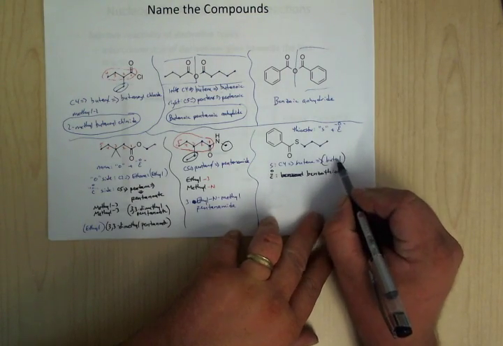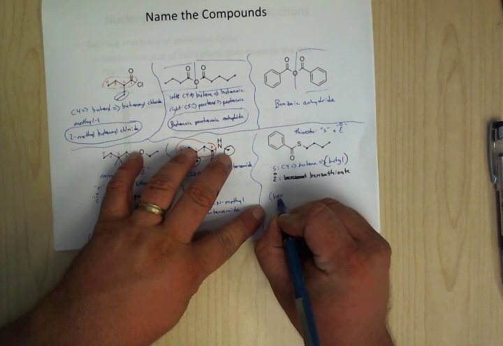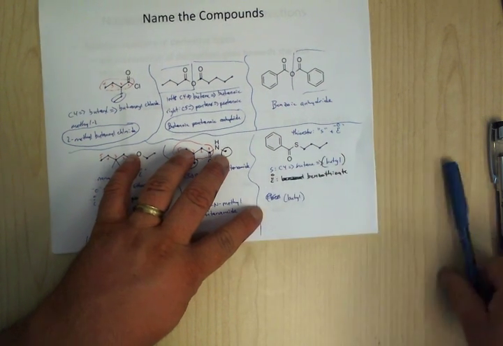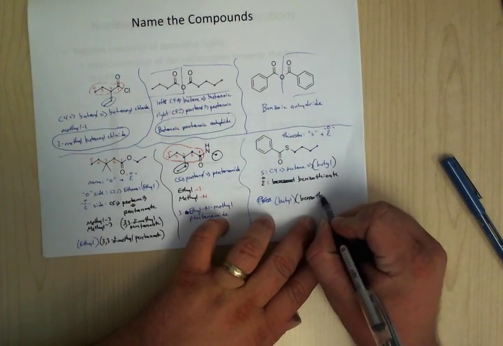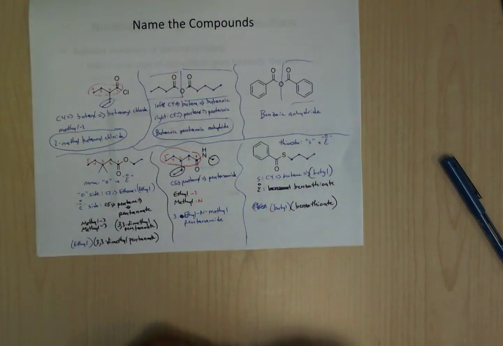So we're going to put this in front, so it becomes butyl benzothioate. There we go.